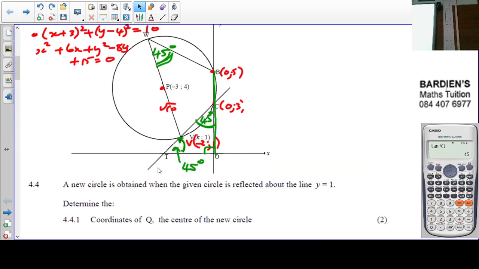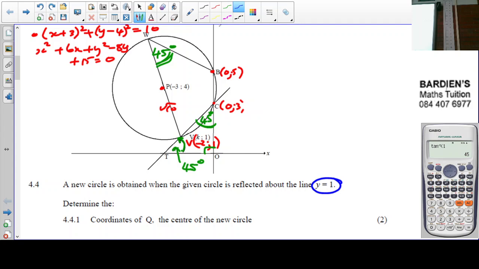So in the next question we are told that a new circle is obtained when the circle is reflected about the line y is equal to 1. Okay, just take this out here. So what I do is I draw that line in as my guide.